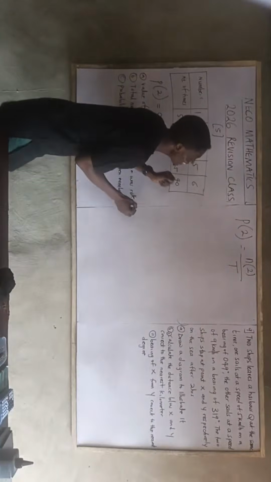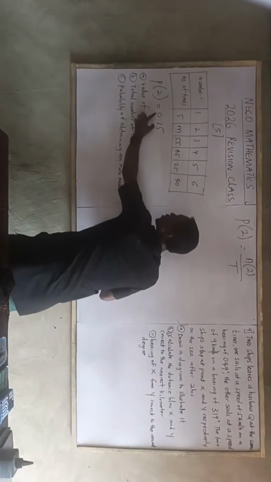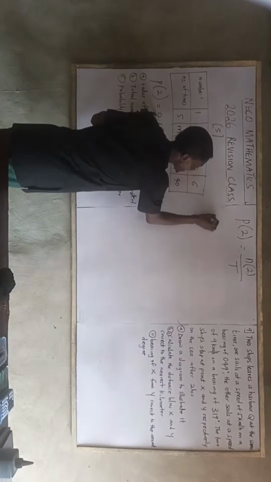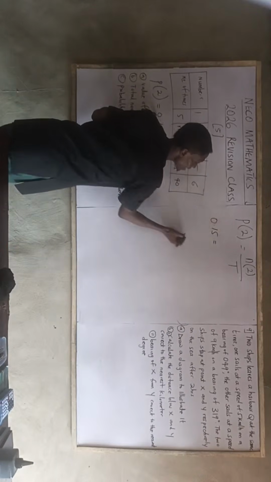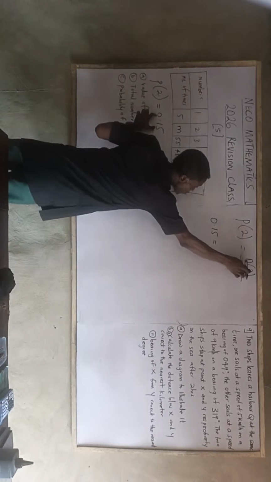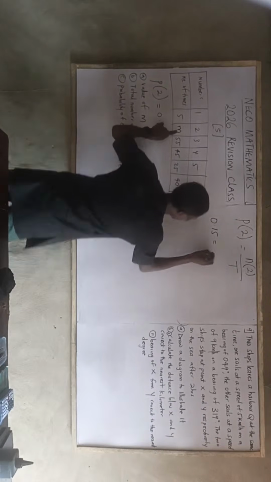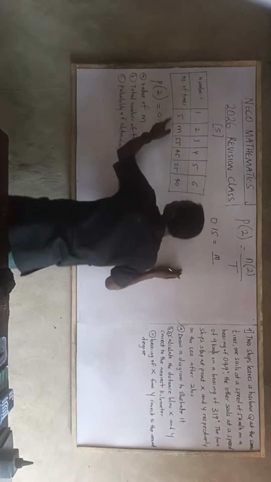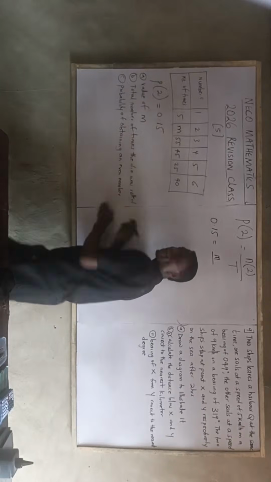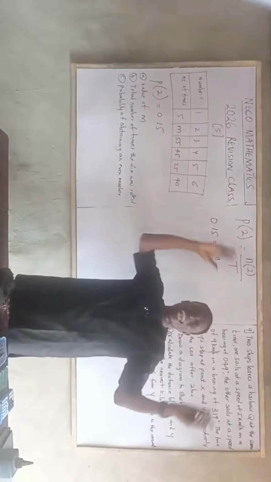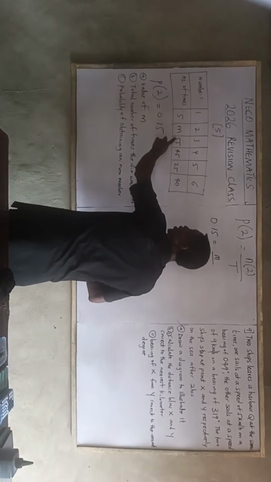So here the probability of obtaining 2 has already been given to us as 0.15, so I can insert that here. Then the number of times 2 was thrown was hidden, m. Total sample space means you add them, the number of times the whole experiment took place. That is 5 plus m plus 55.